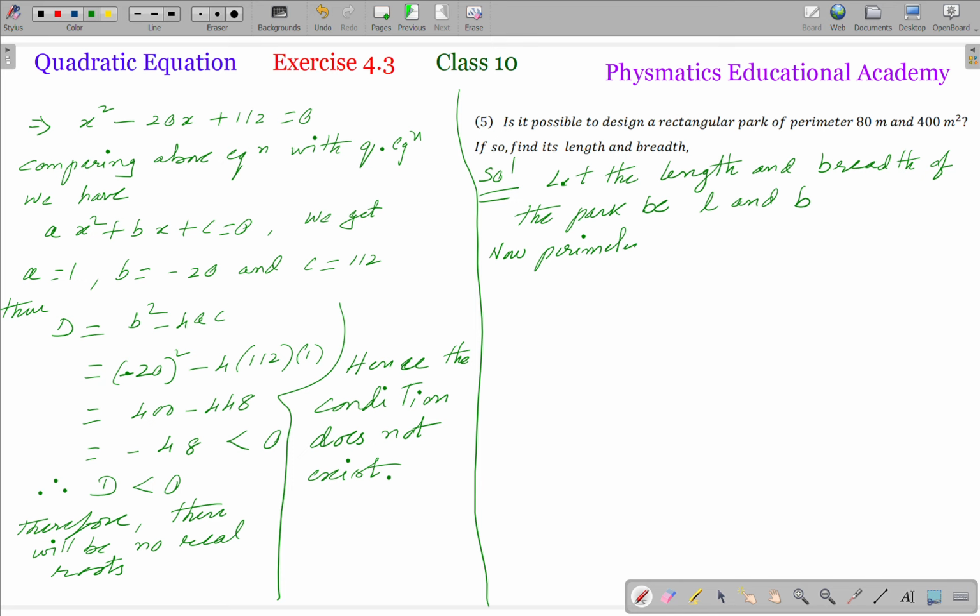Perimeter of the rectangular park is equal to 2 times L plus B, that is equal to 80. It is given.